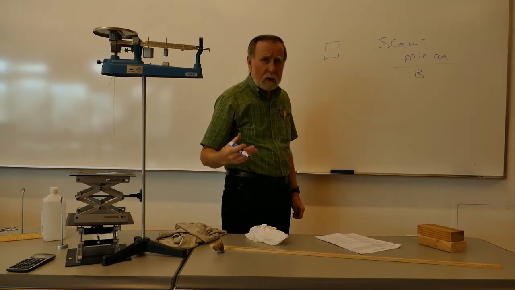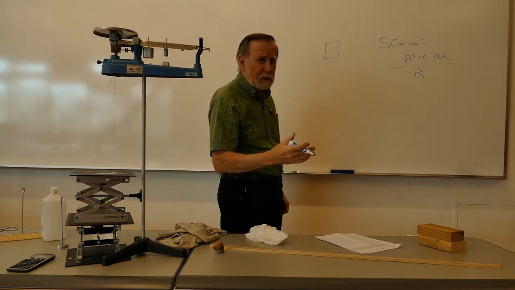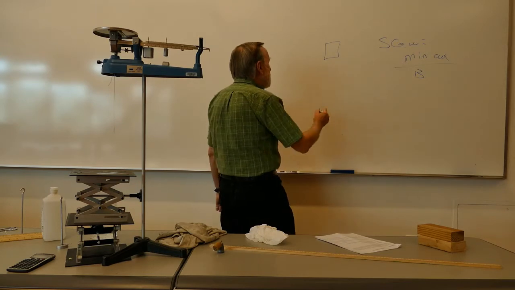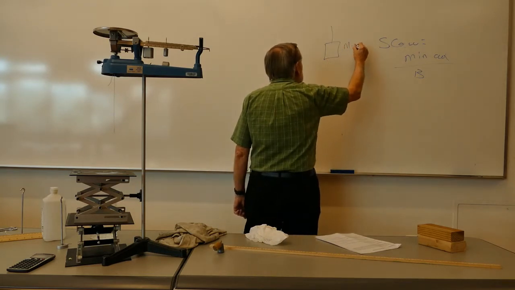Because the buoyancy force is the weight of the water displaced by the wood, which is the mass of an equal amount of water. Okay, so we're going to measure the mass of the wood in air.